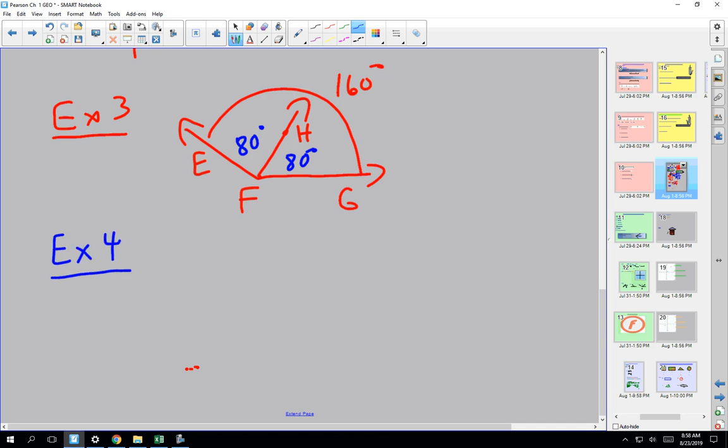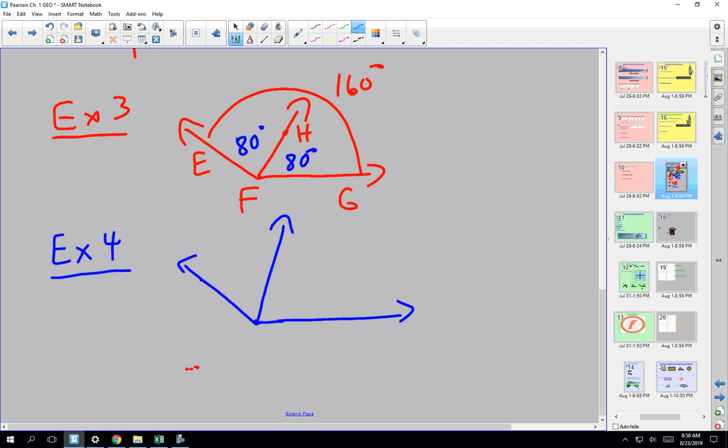It says using the diagram and the fact that RQ, here's RQ, I'll try to make it, well, that's not too great, but let's move that over just a bit. Okay, that's a little better.